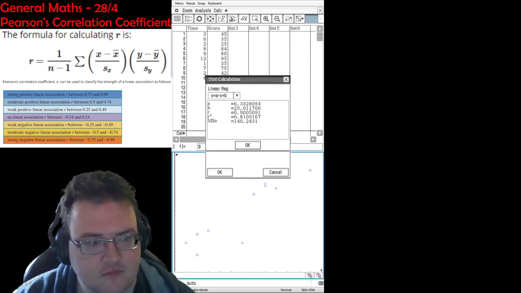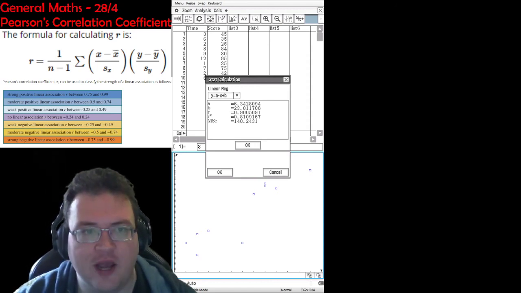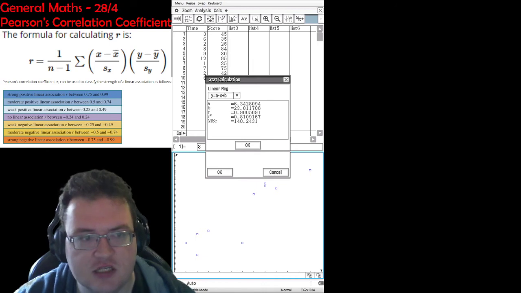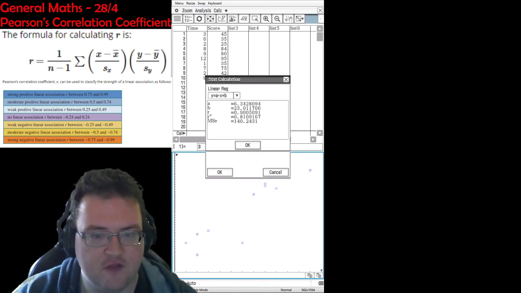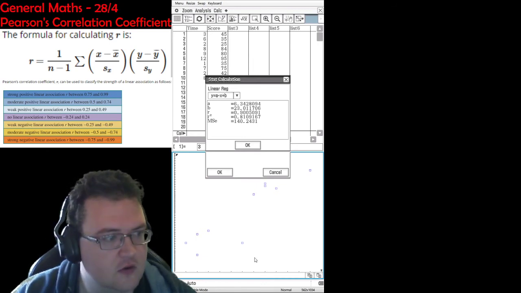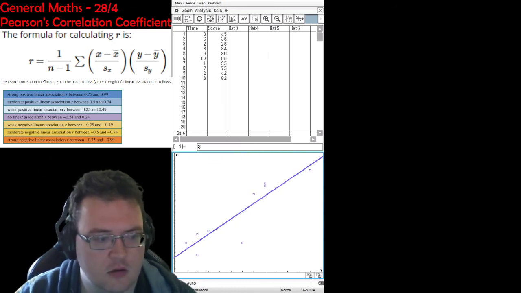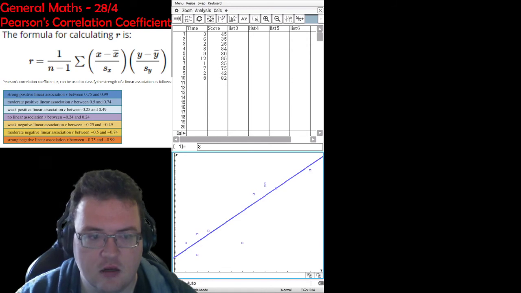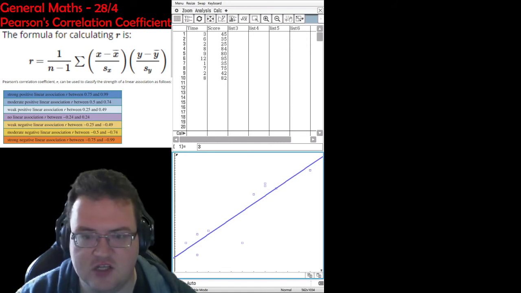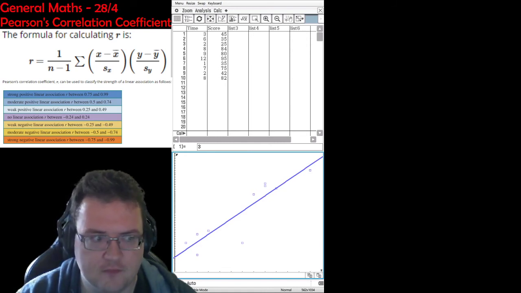All right. Now, what we're going to do in future lessons is we're actually going to then plot the line through my equation here. And you can sort of see how close everything goes to the line.